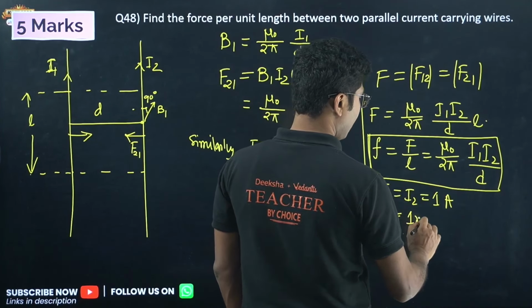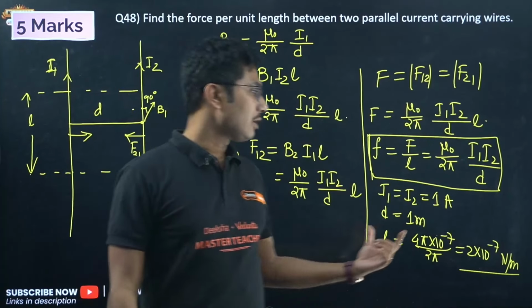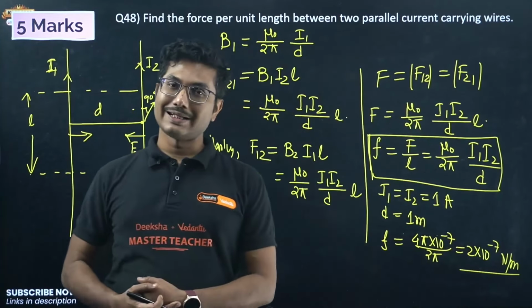So to define 1 ampere, you have to write that when 1 ampere current passes through two parallel current carrying wires kept at a distance of 1 meter, they will experience a force per unit length of 2 into 10 to the power of minus 7 Newton.